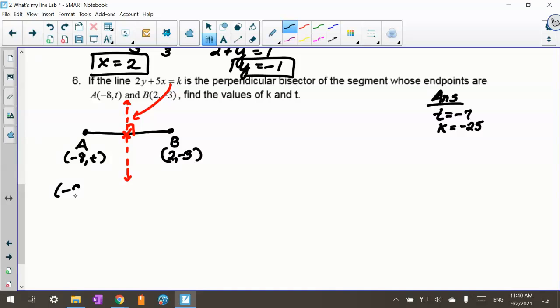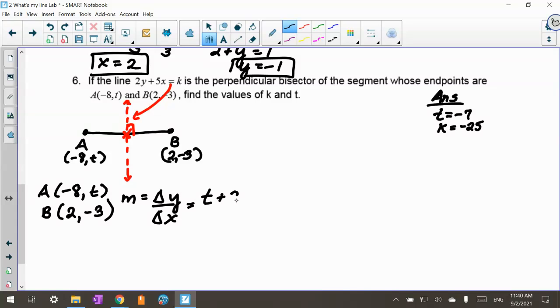So I have (-8, t) is my first point A. My second point B is (2, -3). And so I'm going to do slope is the change in my y's over the change in my x's. So I'm going to go top down. So I got t plus 3 is my change in my y. And I have negative 8 minus 2, which really comes out to be t plus 3 over negative 10.